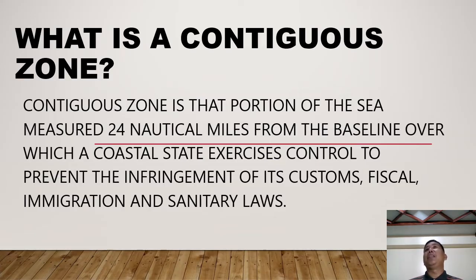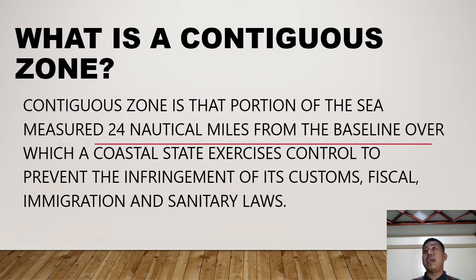For example, there are some who pass through the back door. So when we say back door, it is not passing through the regular customs and therefore not paying the rightful customs duties, tariffs, etc. So the Philippines as a state can implement prevention in the infringement of its customs laws.